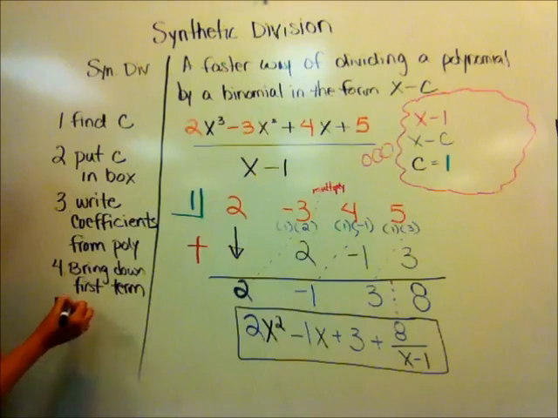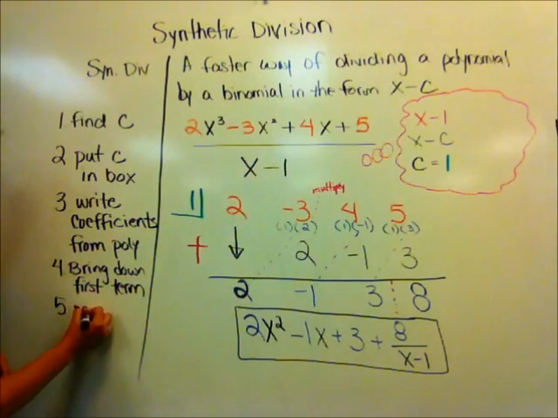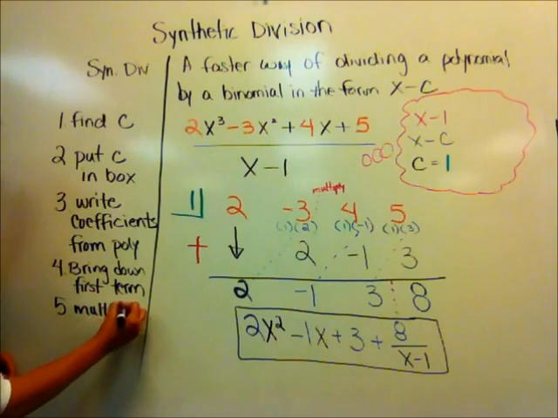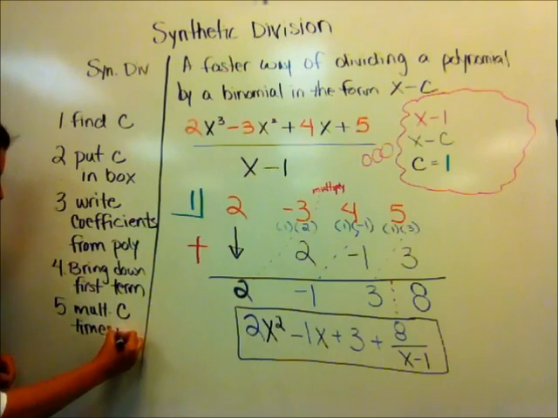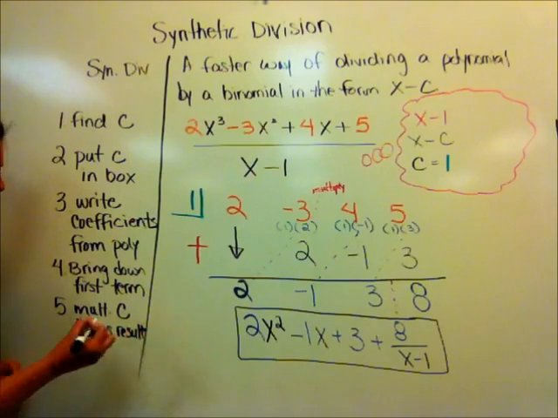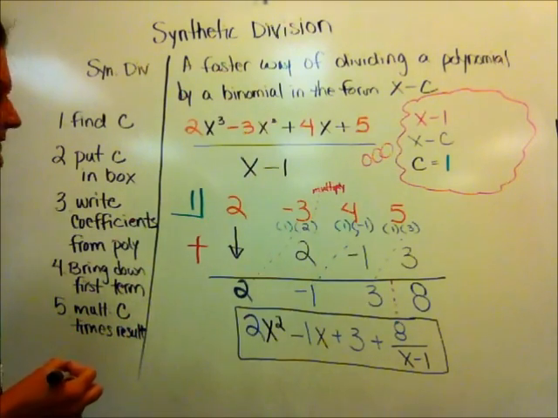And number 5, then you're just going to follow this. You bring down your first term, so you're going to multiply C times result. Okay, C times result. Okay, so there's your steps.